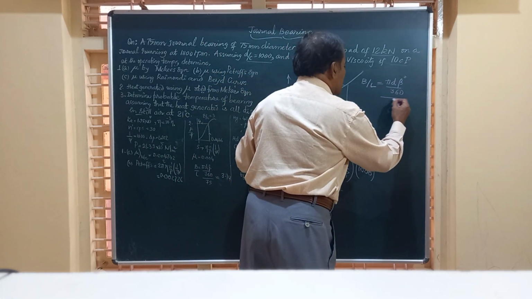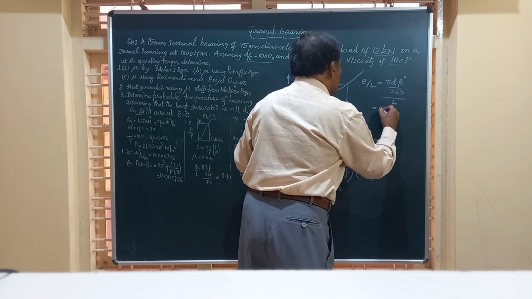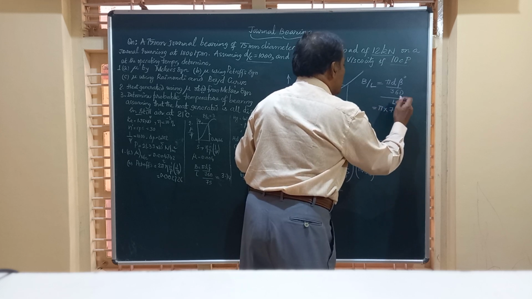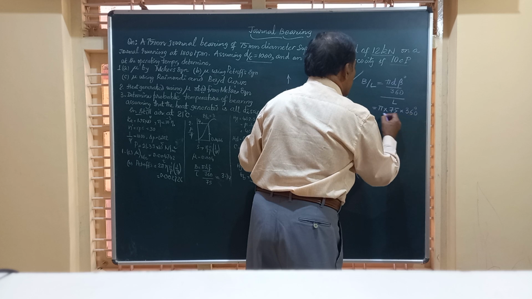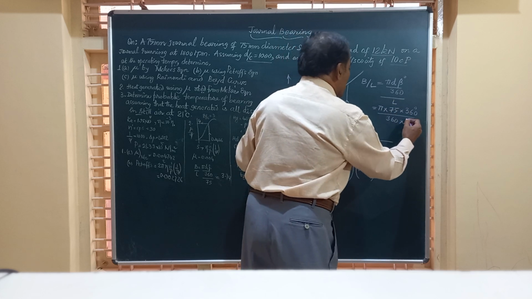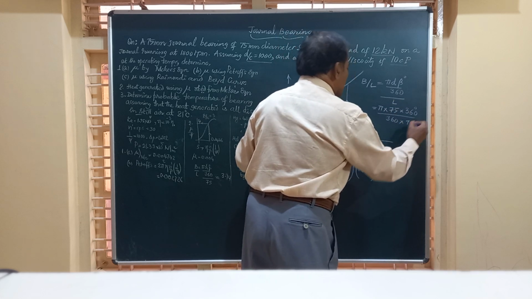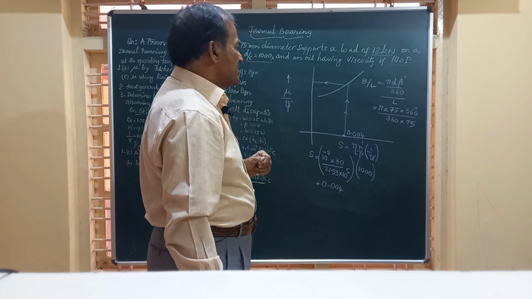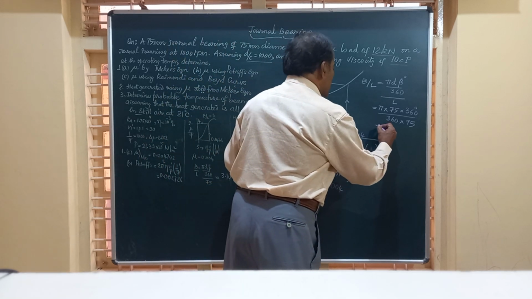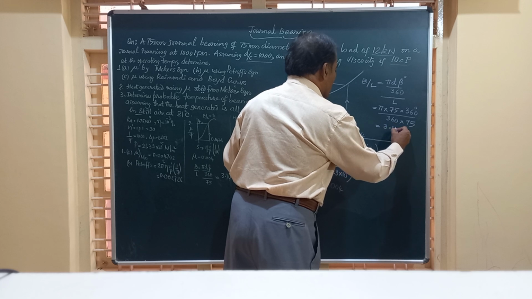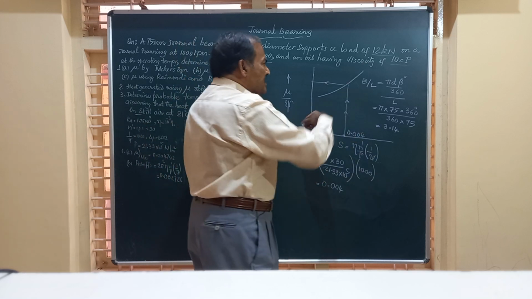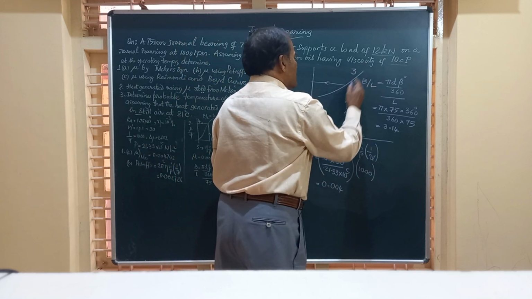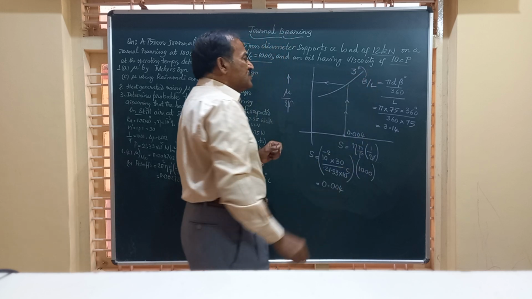So this is pi into 75 into 360 degrees for a full journal bearing, divided by 360, multiplied by the value of 75, the length of the bearing. Friends, if you simplify this, it works out to approximately pi, that is 3.14. That is, the ratio of B by L is 3.14, and in the graph you have got the curve B by L equal to 3. This is B by L ratio equal to 3.